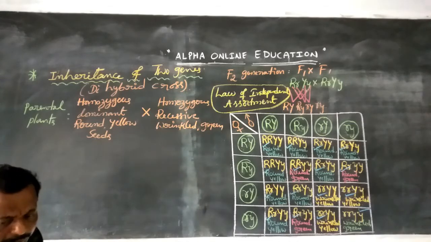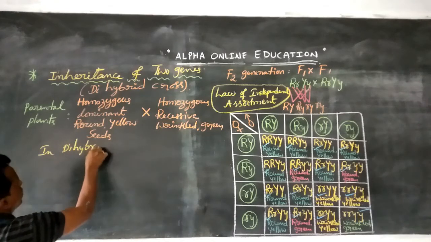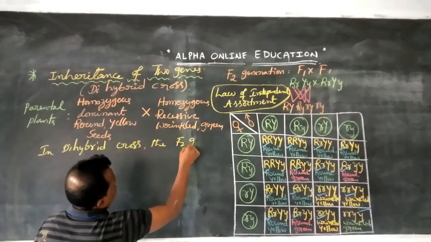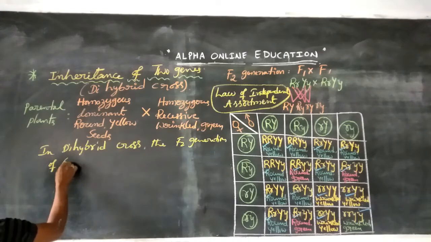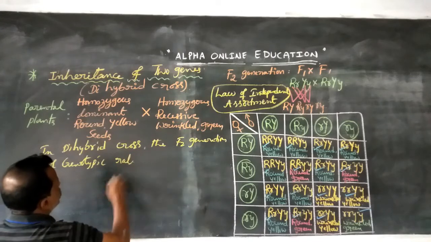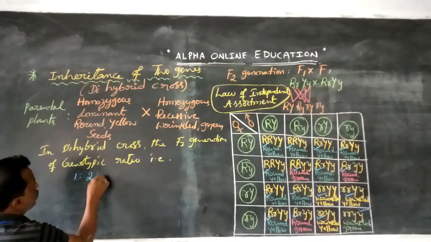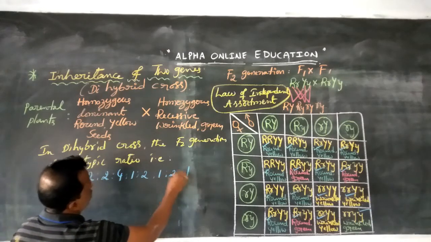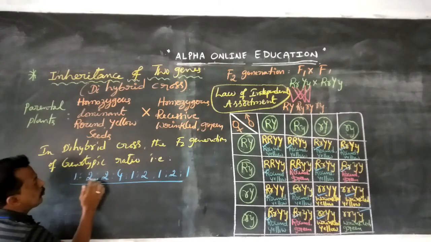So in the dihybrid cross, the F2 generation genotypic ratio is 1:2:2:4:1:2:1:2:1. This is the genotypic ratio. So totally 16 genotypes are formed.